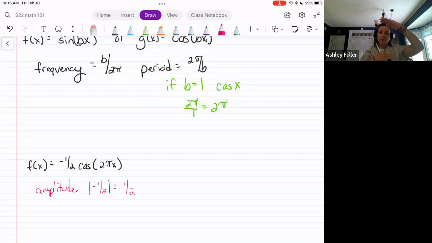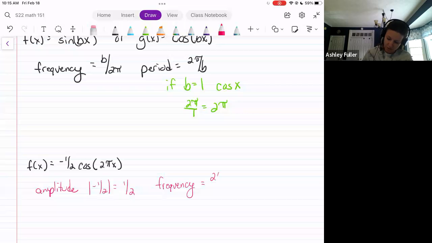In other words, this original sine wave will no longer go between 1 and -1. It will shrink to go between 1/2 and -1/2. And the frequency is going to be 2 pi over 2 pi in this case, which is just 1. In other words, every 1 unit it will have repeated 1 cycle.